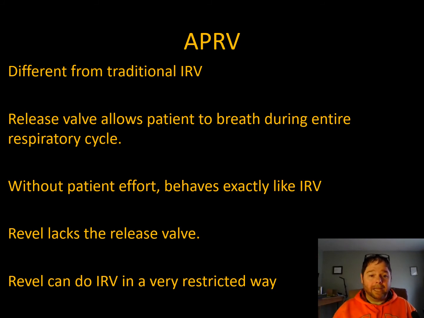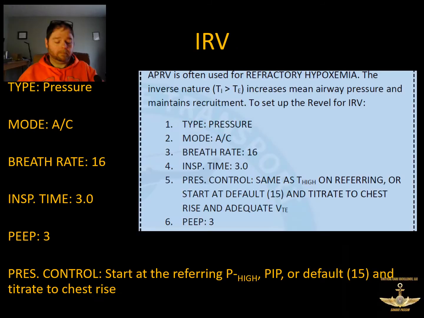So our ventilator is capable of doing inverse ratio, but in a very restricted way. So it's quite different from the ventilators you're going to find in the hospital. So if you're going to set up our ventilator to do inverse ratio, then you're going to do it the same way every single time, and that's because of the limitations of the ventilator.